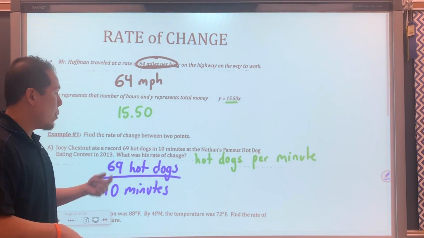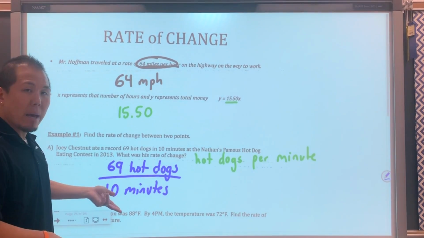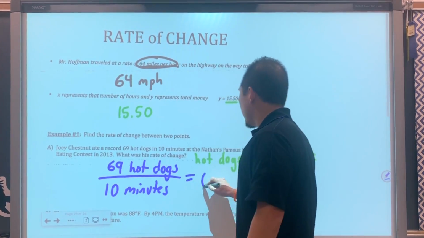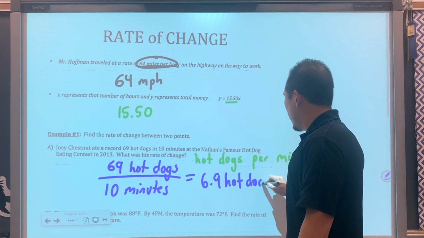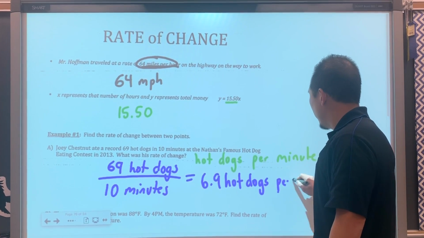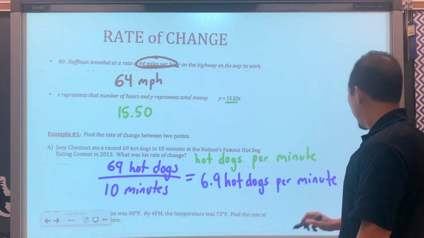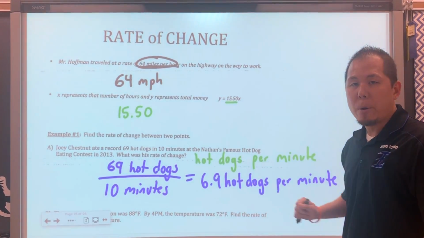How much did he eat in 1 minute? Well, we take these 2 numbers and divide them. So 69 divided by 10 will give us 6.9 hot dogs per minute. Okay, so again, we're looking for the hot dogs per minute. That will give us our rate of change.